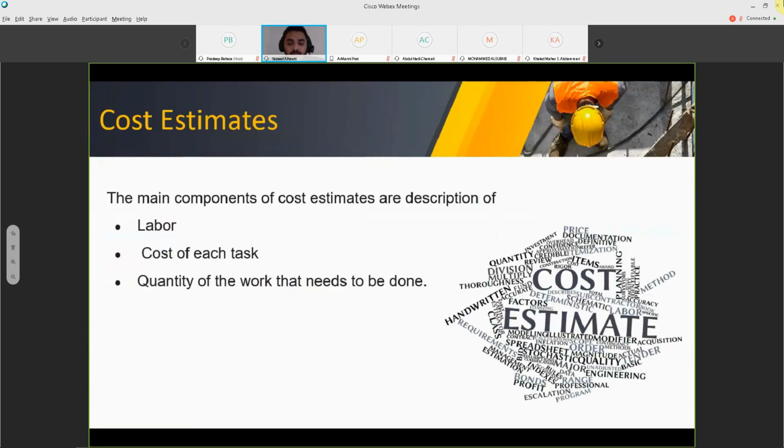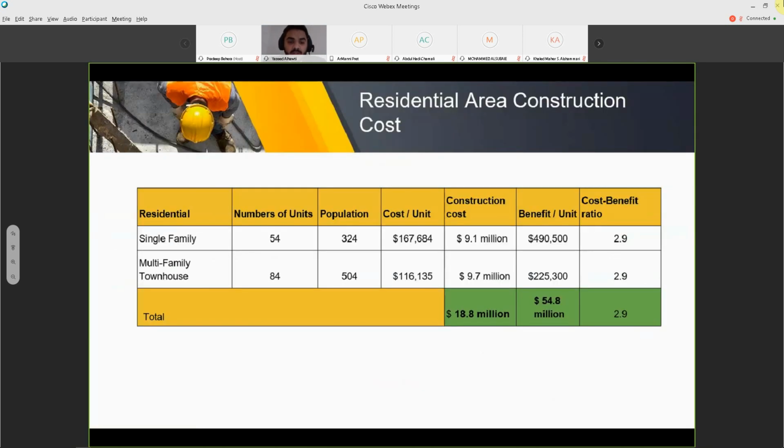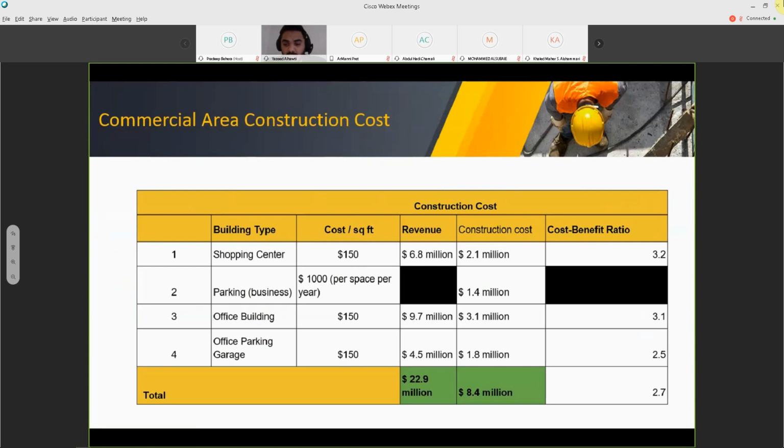So cost estimate. Cost estimates are prepared using Excel sheet. The main components of the cost estimate are, you can go to the next slide, description of work, cost, each task, and quantity. You can go also to the next slide.